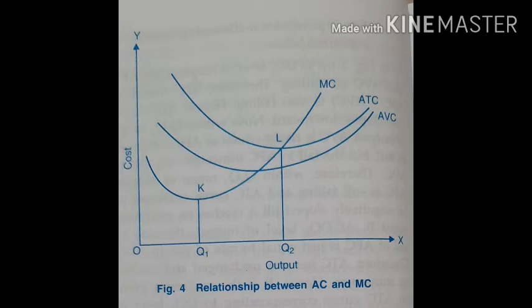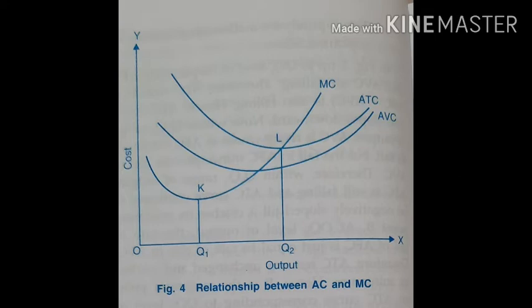The second relationship established between average cost and marginal cost is that when marginal cost is more than the average cost, that is beyond the intersection point of marginal cost with both the AVC and ATC, the average cost is rising. As we said in the first point, when marginal cost is less than average cost, average cost is falling. When marginal cost is more than average cost, average cost is rising.